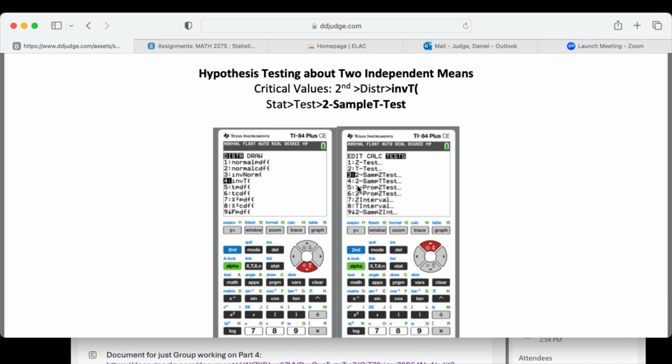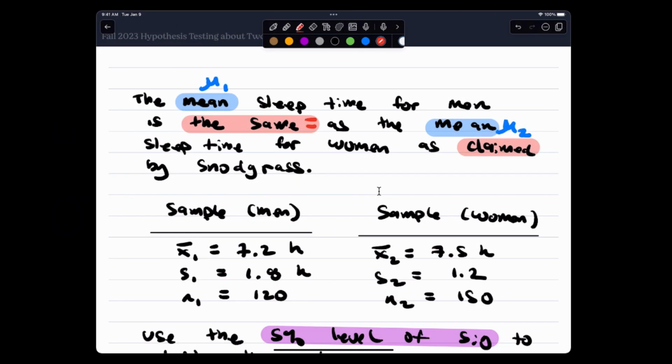Okay, you guys see this? Two independent means. What does it say? Stat test, two sample what? T-test. Okay, you guys okay with that? So you go, oh, wow, that's pretty good. So let's go to the TI now, okay?